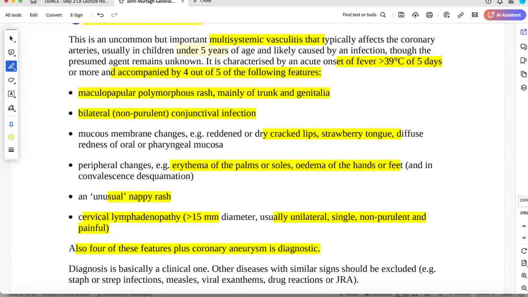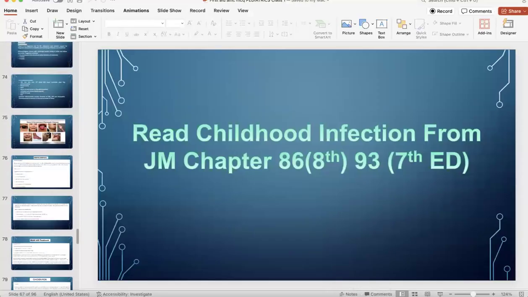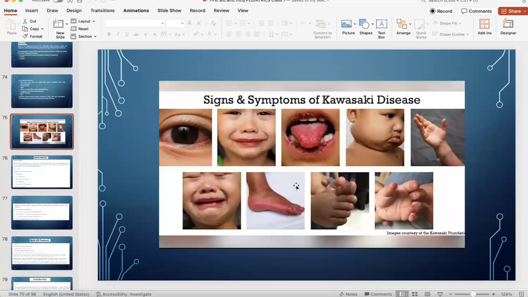Now let me show you a picture, and that will make a lot of sense. So this is how a Kawasaki disease patient will look. If you see here, you can see the conjunctivitis, but non-purulent. So bilateral non-purulent conjunctivitis, dry cracked lips, strawberry tongue. This is unilateral cervical lymphadenopathy, which is non-purulent but tender.